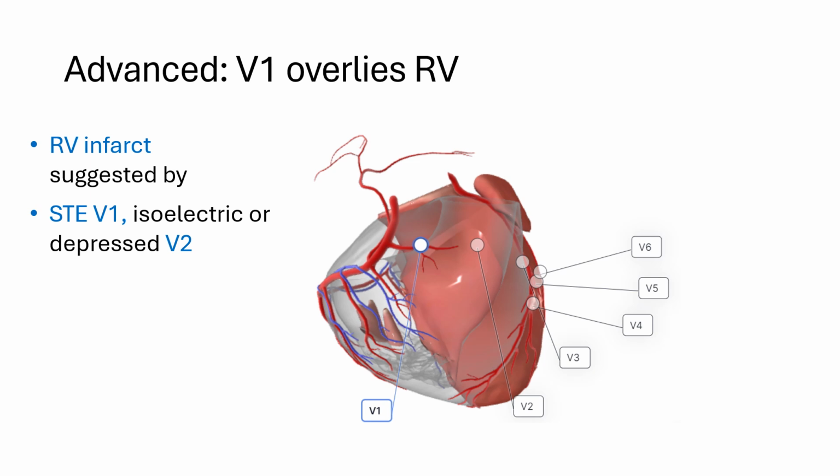You can see that the V1 label is overlying a branch of the RCA here. V2 technically overlies the RV as well, but it picks up much more of the border between the left ventricle and the right ventricle, the septum, than the right ventricle.